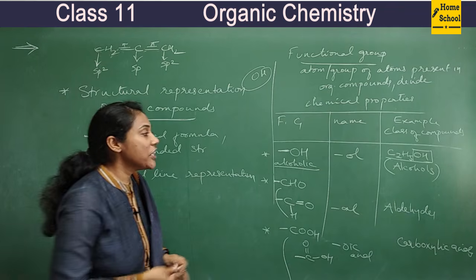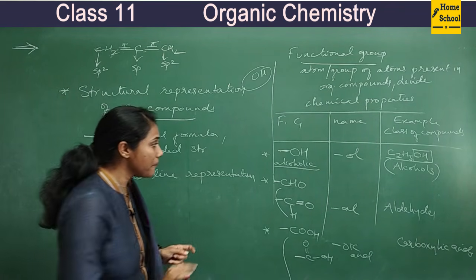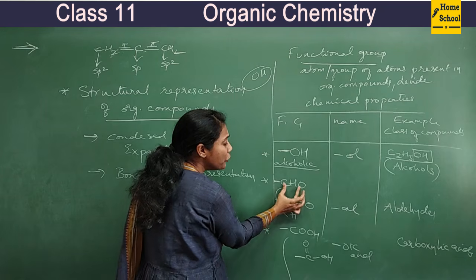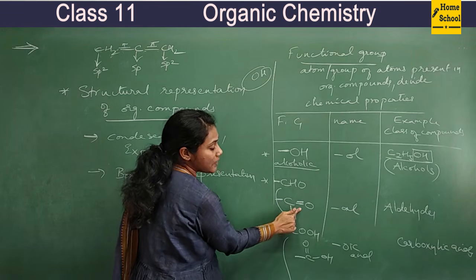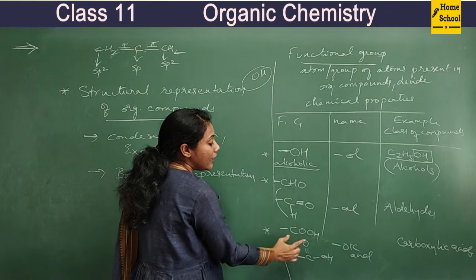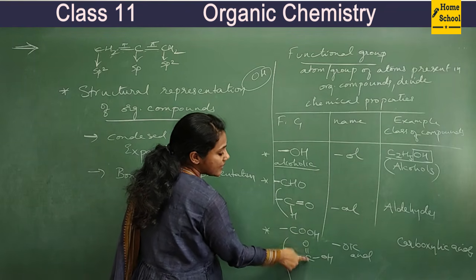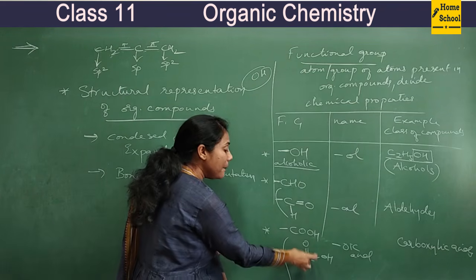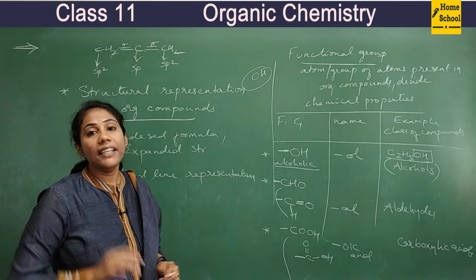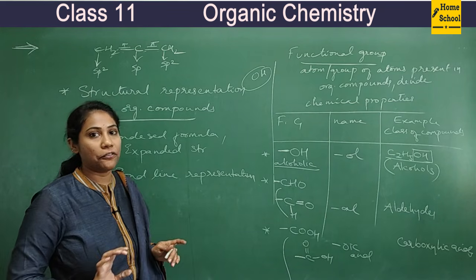I'll teach you this part of the names during nomenclature. Don't worry. What I want you to learn at this point is, if you have a group CHO, how you can write this in an expanded way. That is this way. If you have a group like COOH, how do you write this in an expanded way? Writing them in an expanded way is very, very important. So that's what you need to understand at this point of time.